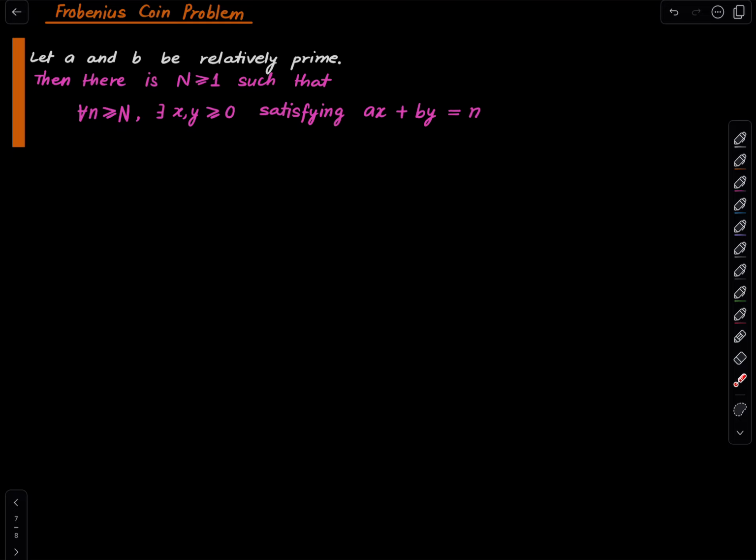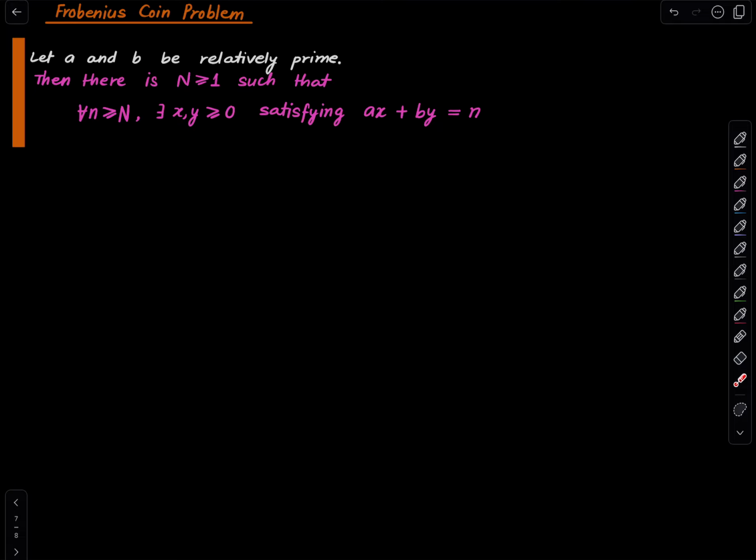This is the coin problem, because coins cannot be paid in negative. They can only be a non-negative number of coins that you give to someone. Therefore, it is important to have this in order to solve the coin problem. I mean, this is basically modeling the coin problem is all I'm trying to say.